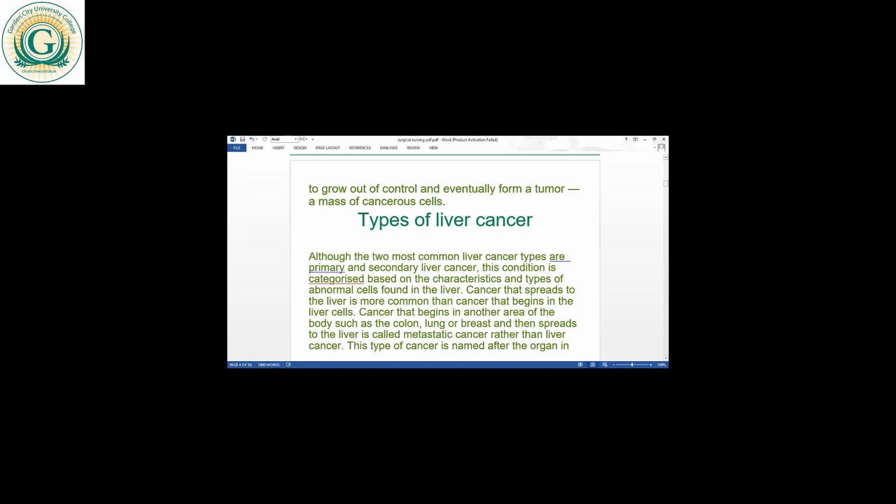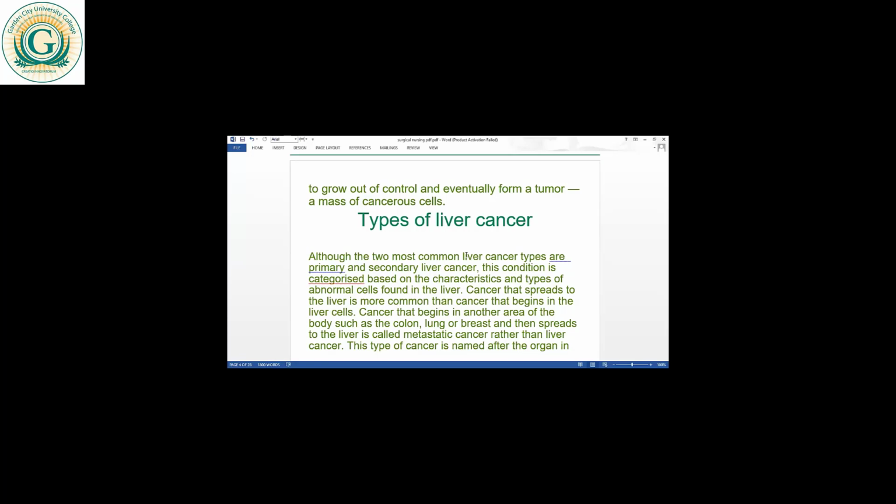Liver cancers come in different types. The two most common liver cancer types are primary and secondary liver cancer. This condition is categorized based on the characteristics and type of abnormal cells found in the liver. Cancer that spreads to the liver is more common than cancer that begins in the liver cells.